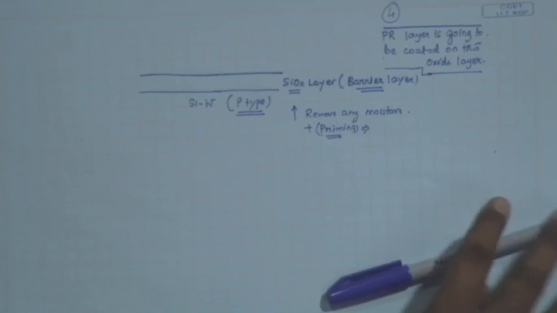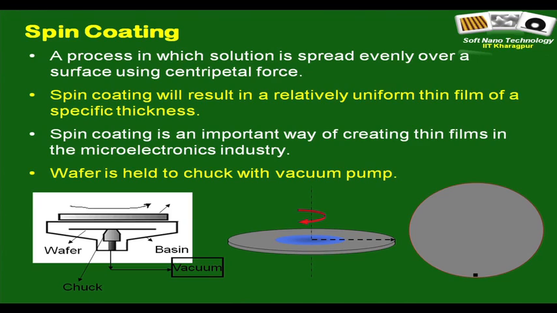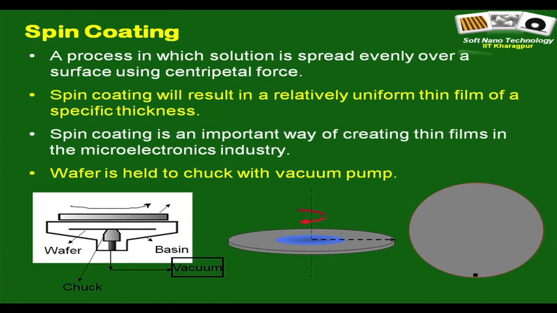Once that is done, the next step is to actually coat the photoresist layer, and this is done by a technique known as spin coating. It is a very widely popular technique now. You dilute the photoresist in a solvent and dispense some amount of this solution on the barrier coated wafer on which you would like to deposit the photoresist layer.